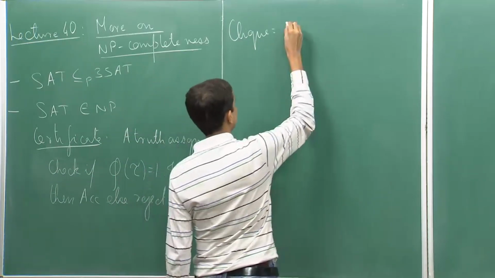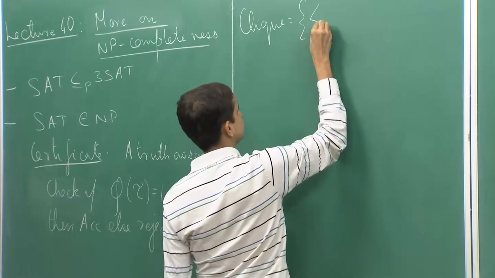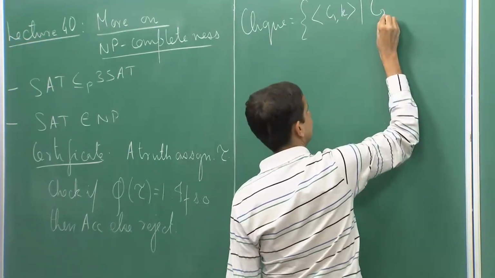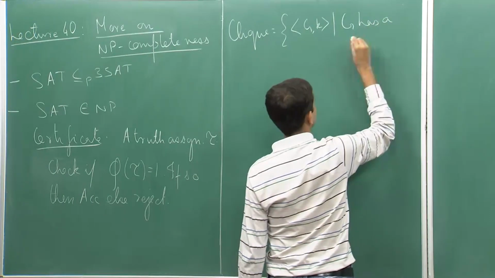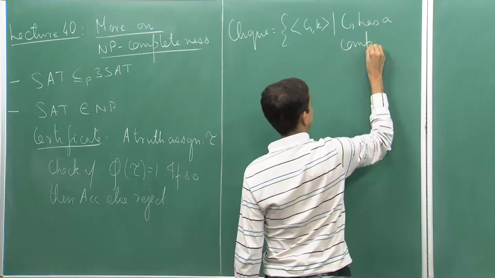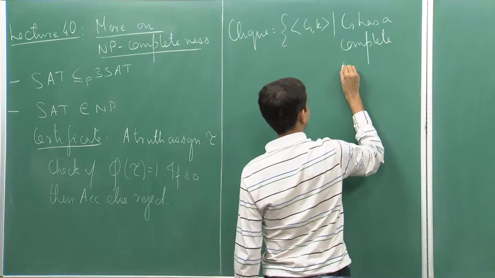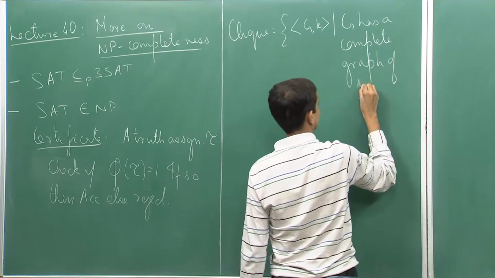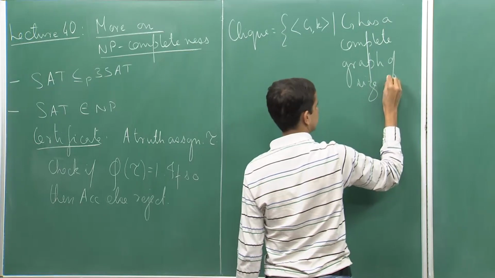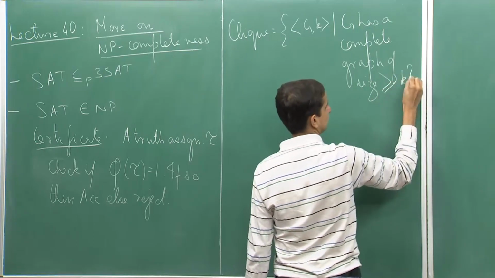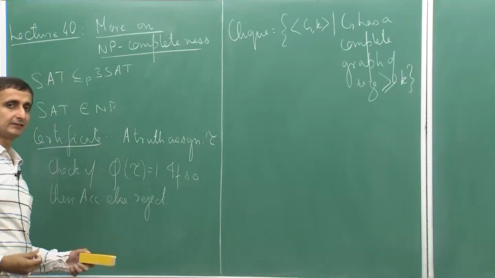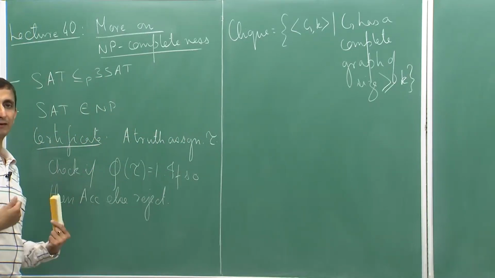So, click is the problem consisting of instances of the form g comma k such that g has a complete graph of size at least k. Okay, and we had shown that this problem belongs to NP.